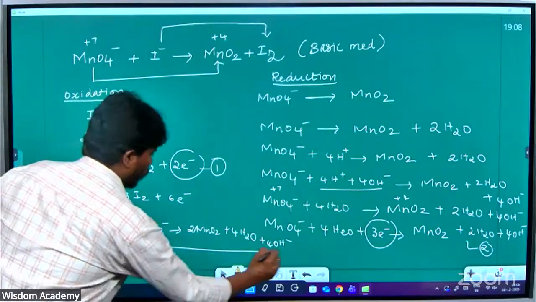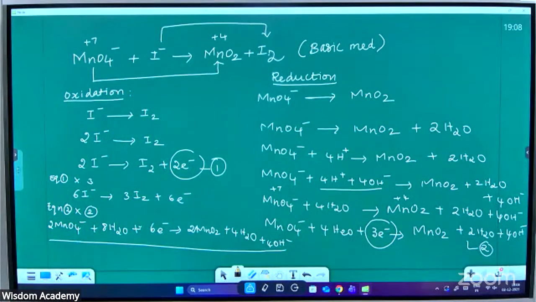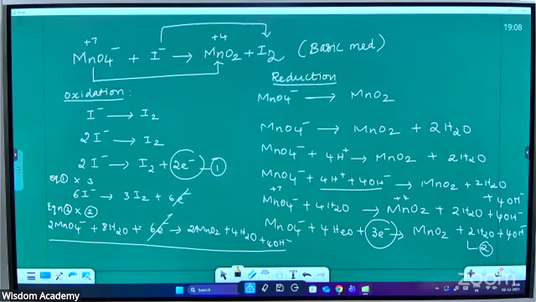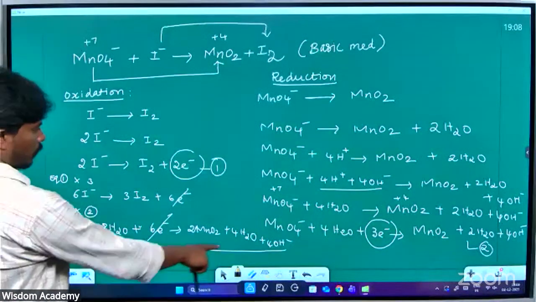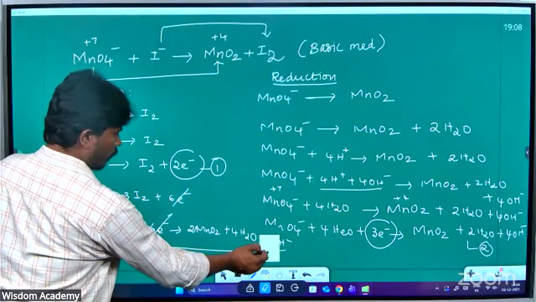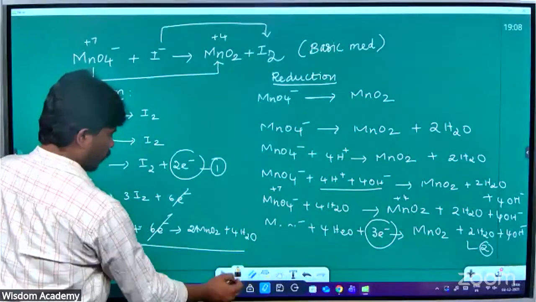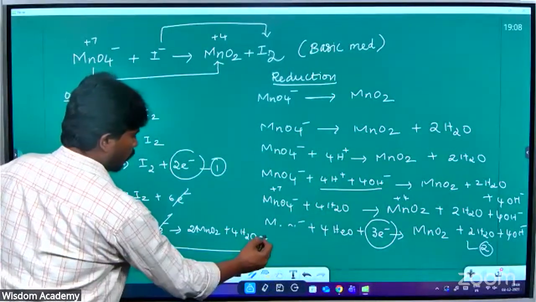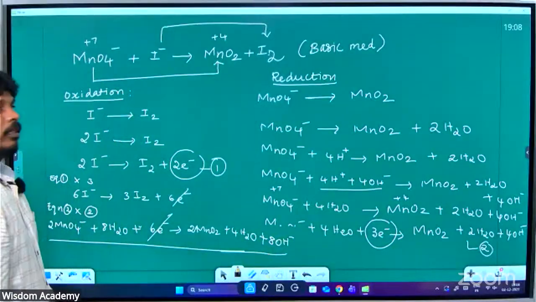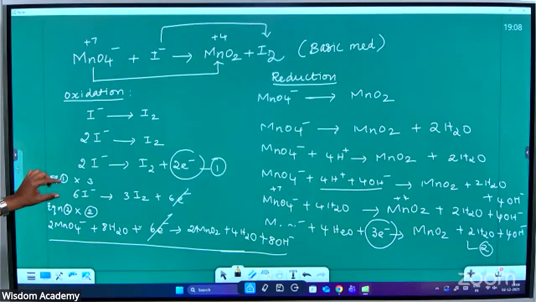Now we just add these two equations and remove the electrons.